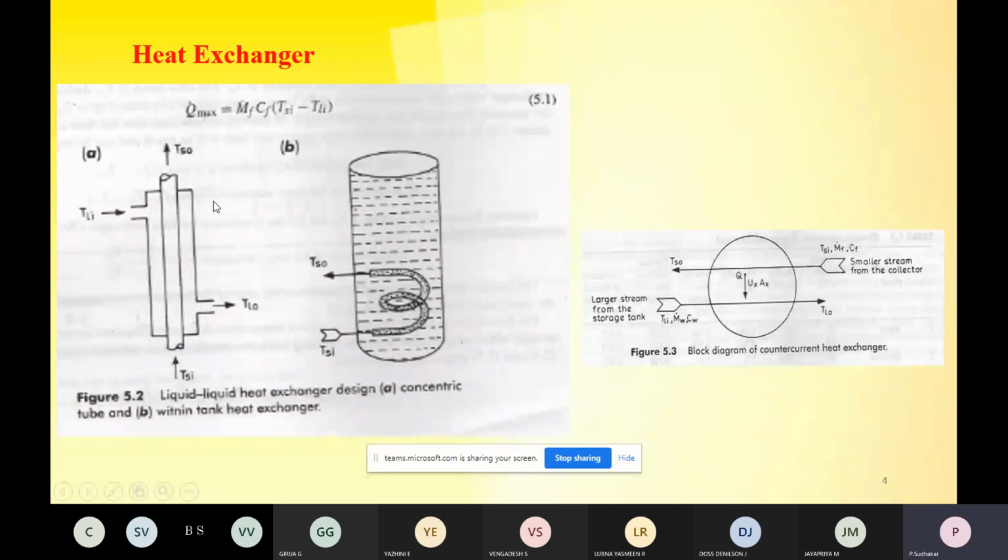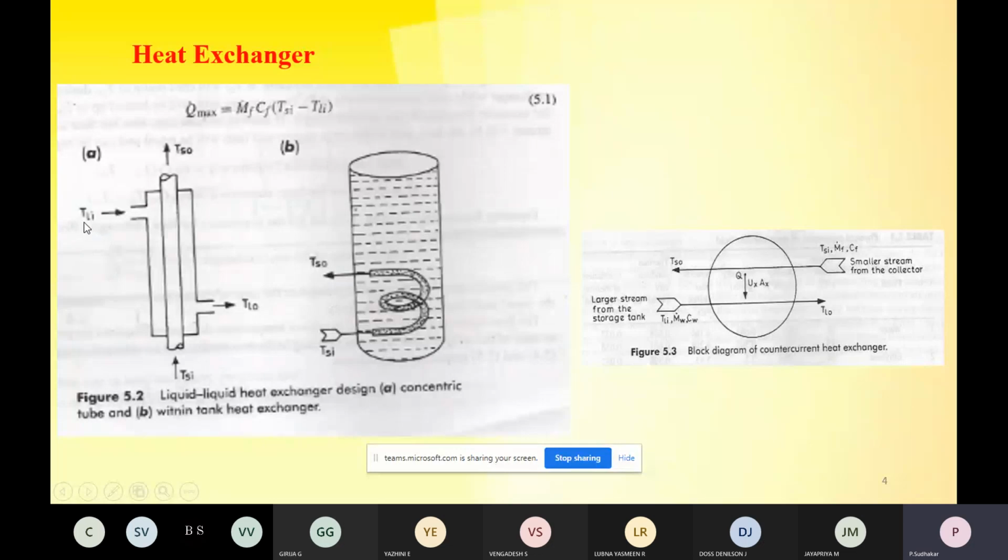counter current, that is, counter flow heat exchanger, where from one side water is flowing, that is, from the outlet of the load to the inlet of the load. TSI is the inlet and TSO is the outlet: this is the inlet heated water, and this is the outlet heated water.